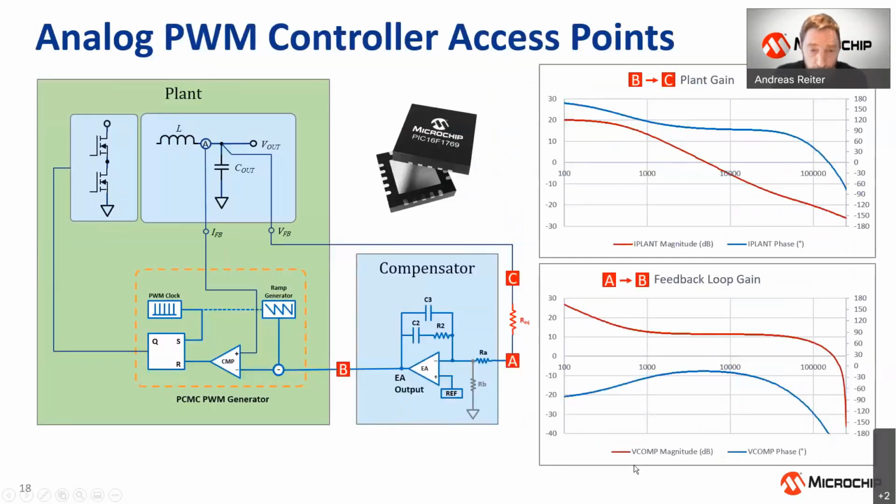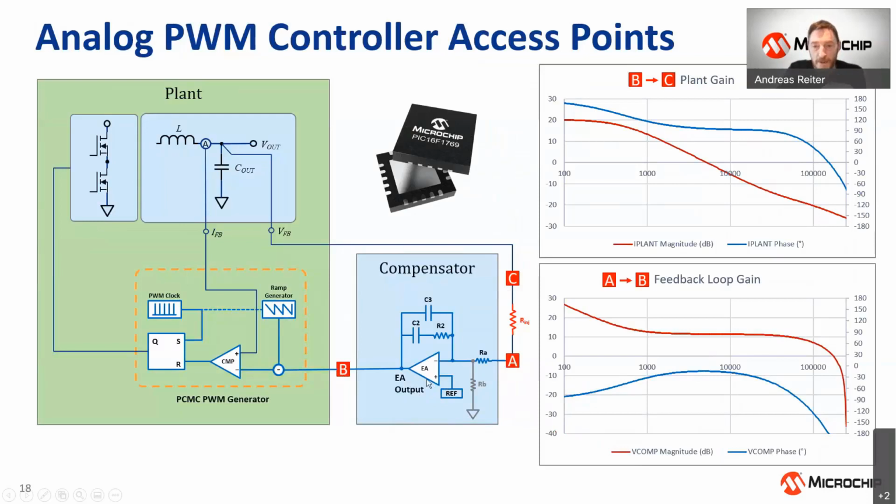So when you are using analog switching regulators, some of the PWM controllers have an access point where we can actually perform a measurement from the control to output. This is usually the case for every device that has an external compensation network.